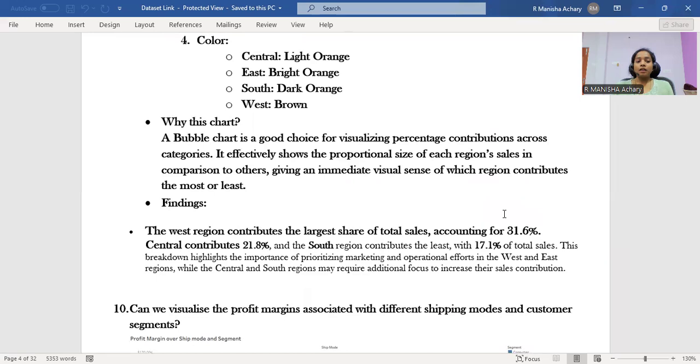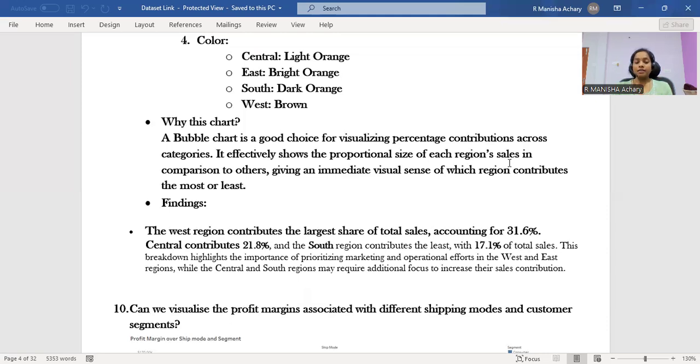Findings. The West region contributes the largest share of the total sales, accounting for 31.6%. Central contributes 21.8%, and the South region contributes the least with only 17.1% of the total sales.